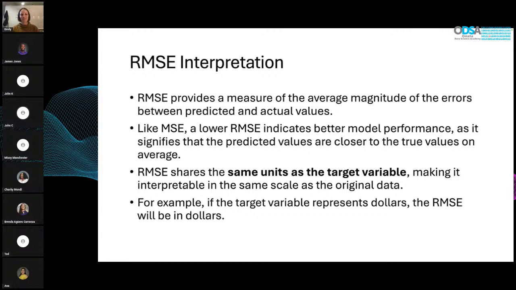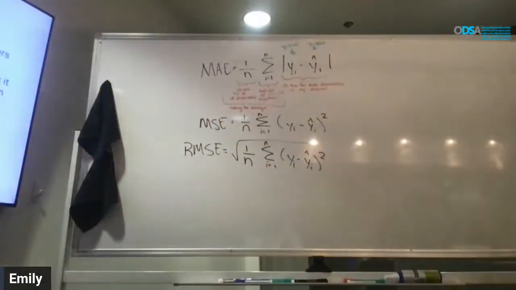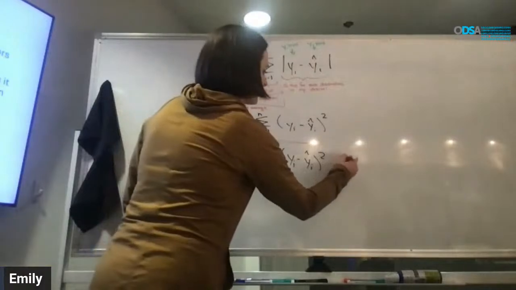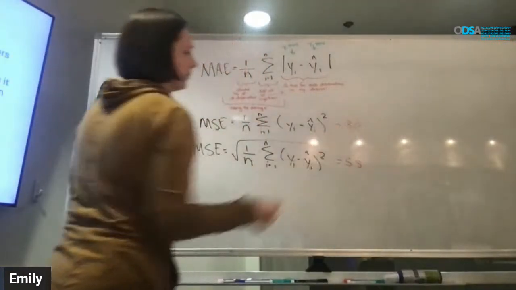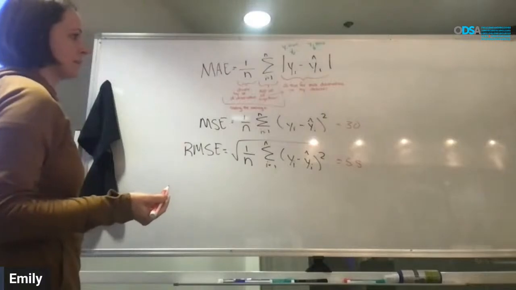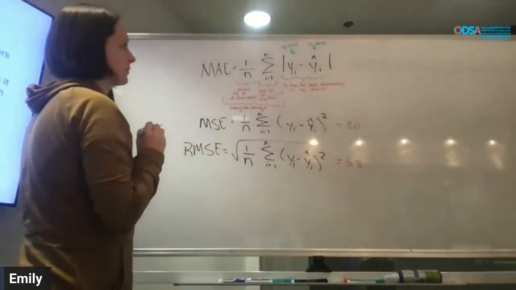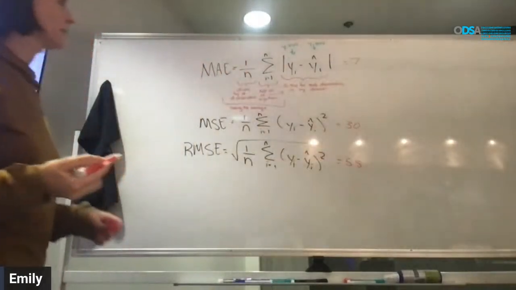I had a question on that. Yes, please. So if we follow that last example all the way through, then it was 5.5 for the root mean squared error. It would have been 30 for the mean squared error, and it would have been, what, 5, 8, 1, 14, 7 for the MAE.